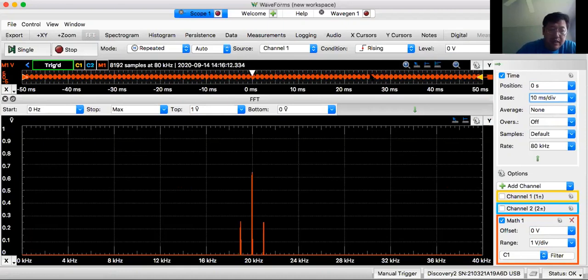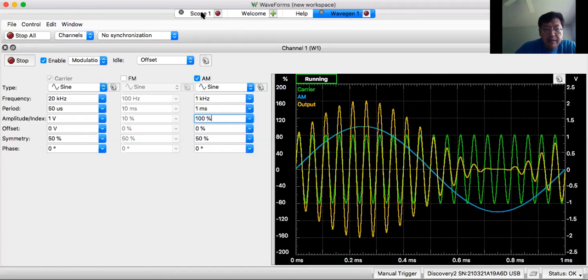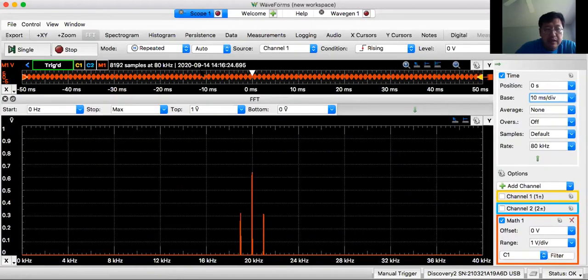So the modulation index is 80%. We can change it to 100%. So now we got 100% modulation, the upper half is the 100% modulated AM signal, and the bottom half is the spectrum.